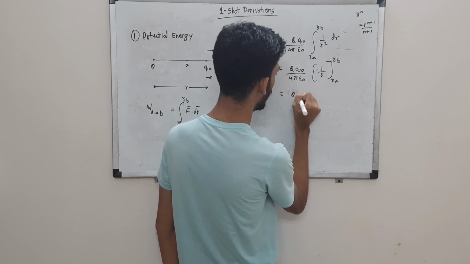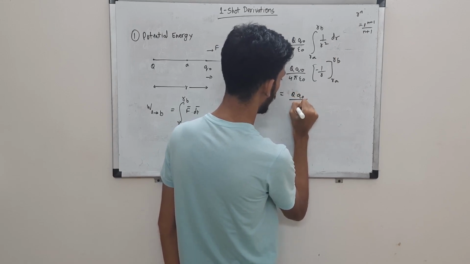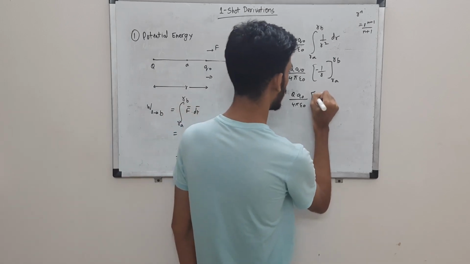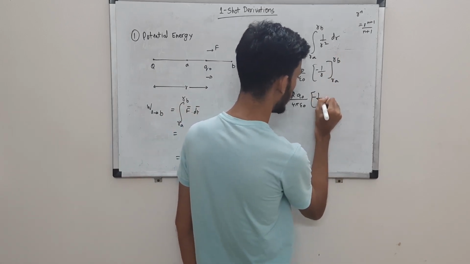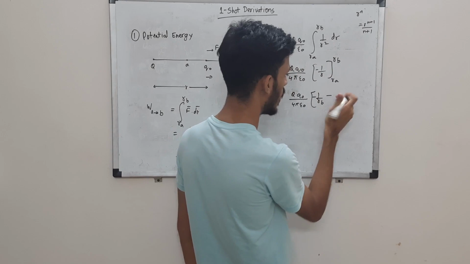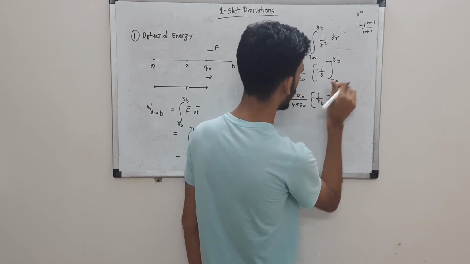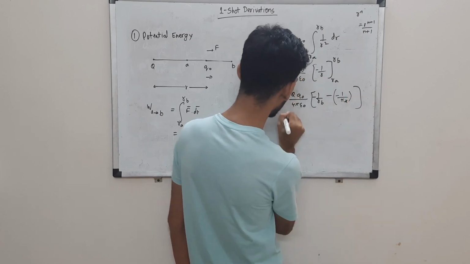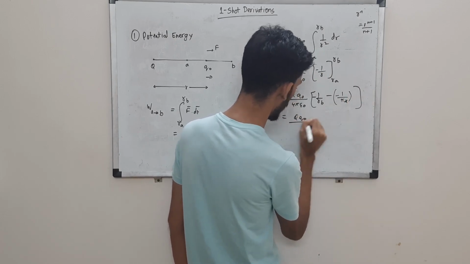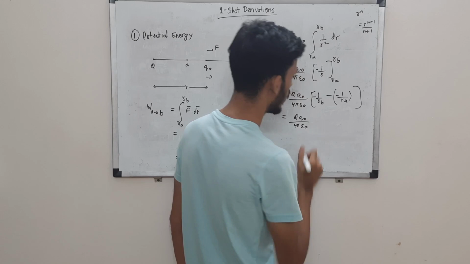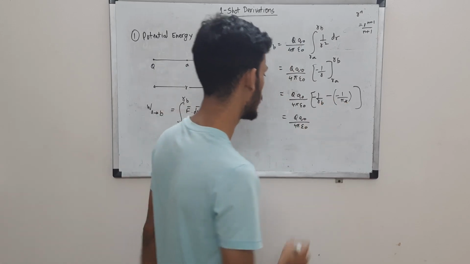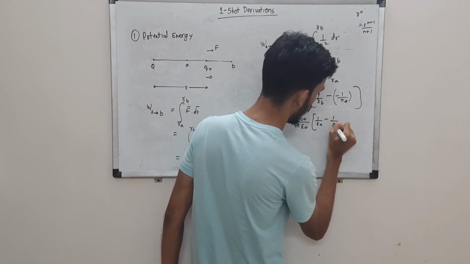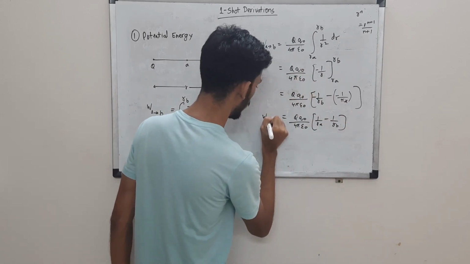We can substitute the limits: q naught Q upon 4 pi epsilon naught times minus 1 upon RB, minus the lower limit, substituting RA. So finally we get the work done as this. The minus and minus will become plus, so we get 1 upon RA minus 1 upon RB. This is the work done from A to B.